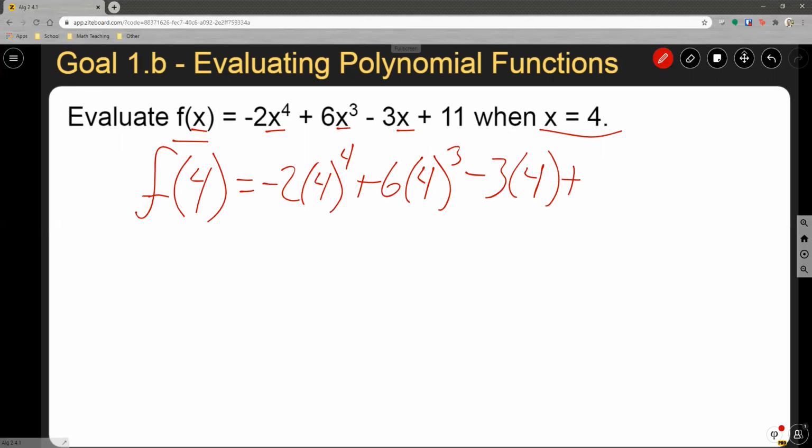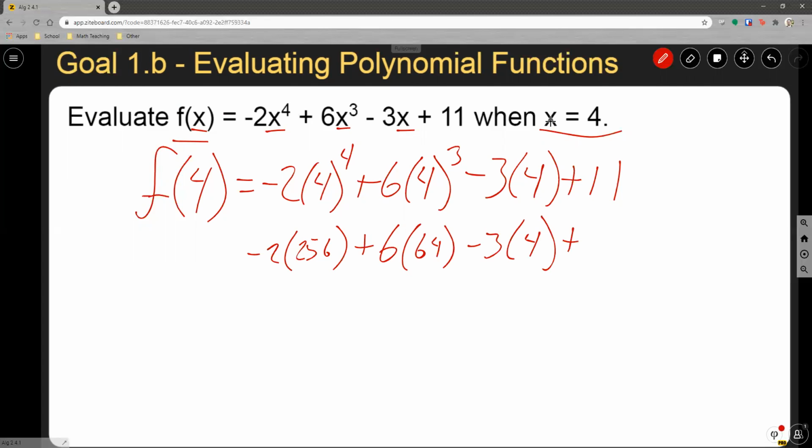So I put in all this stuff, got all my numbers in there. Once I've plugged in all the values for x, in this case my value is 4, I'm just using the order of operations. So I'll do my exponents first. It's going to be negative 2 times 256 plus 6 times 64 minus 3 times 4 plus 11.